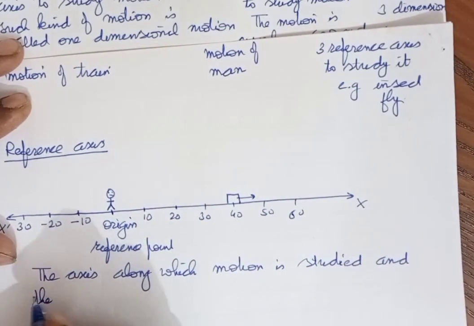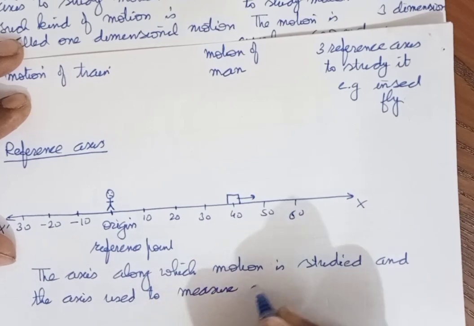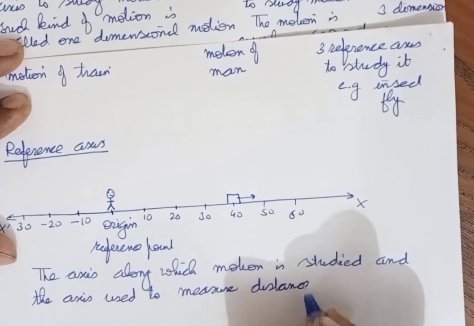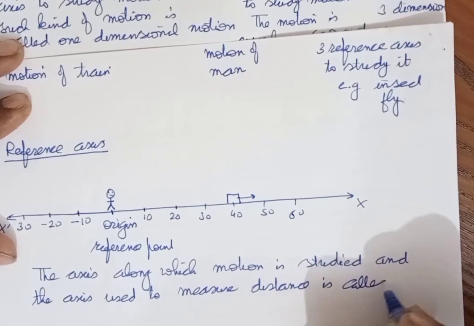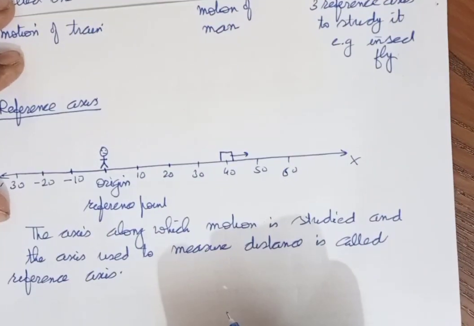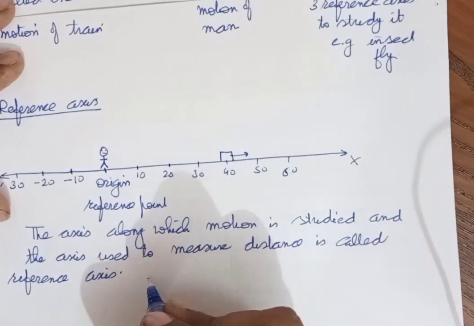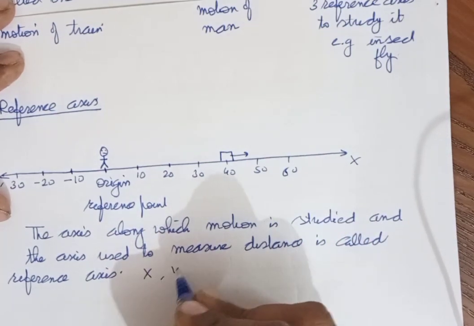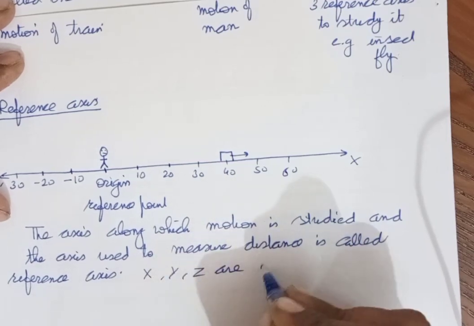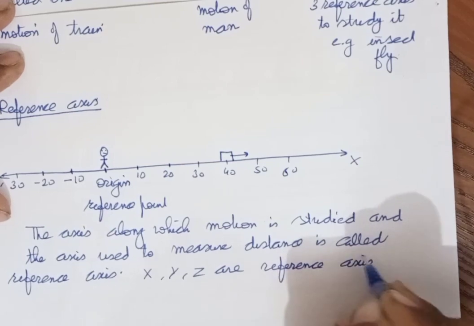And the axis used to measure distance is called reference axis. X, y and z axis are reference axis. X, y, z are reference axis.